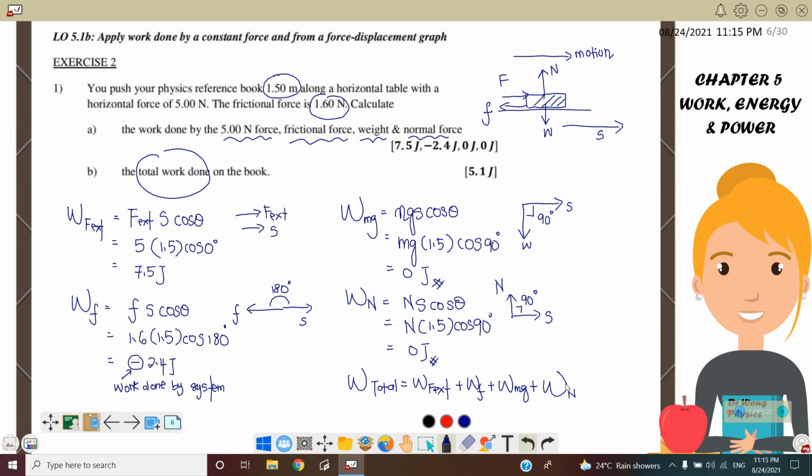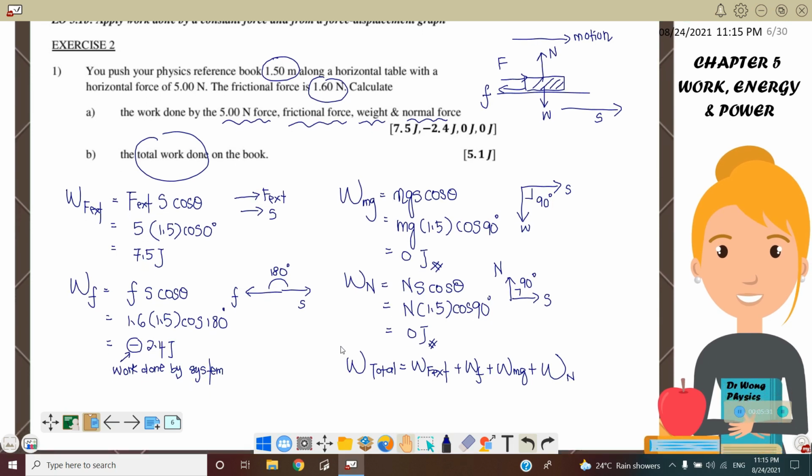We found that for weight and normal force, there is no work done, so we can just write 0, 0. External force just now is 7.5, plus frictional force is negative 2.4, plus 0 plus 0. So at the end, you will get 5.1 joule. So this is the total work done on the book.